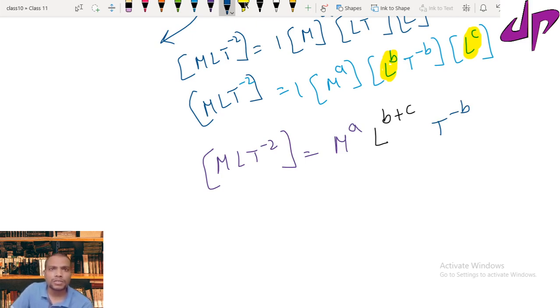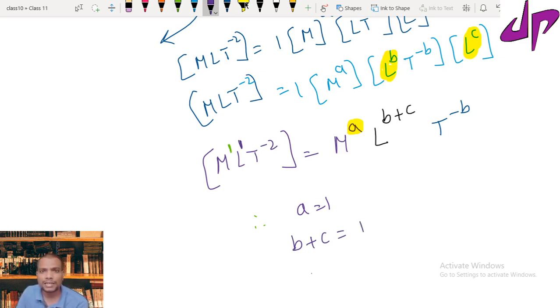Now on both sides we make the corresponding powers equal. For M, where no power is written on the right, we take it as 1. Therefore a equals 1. For the second term, comparing the length L, on the left side it is b plus c, and on the right side nothing is there, so its value equals 1.